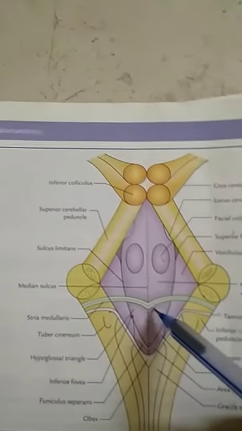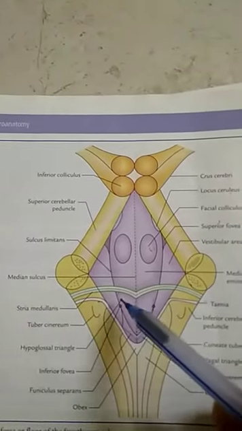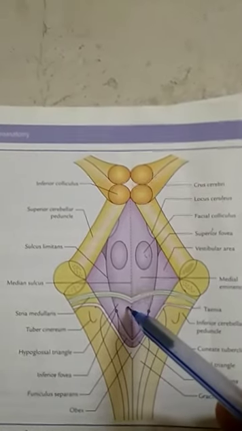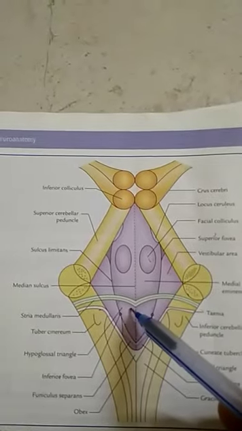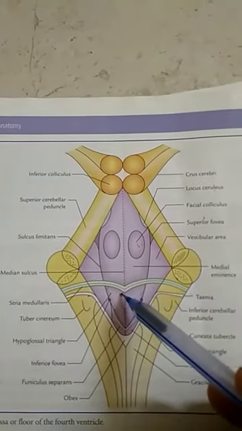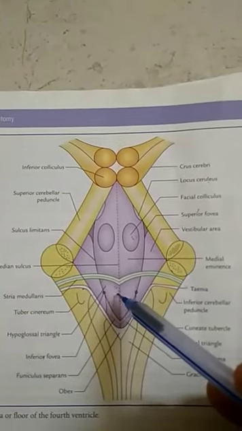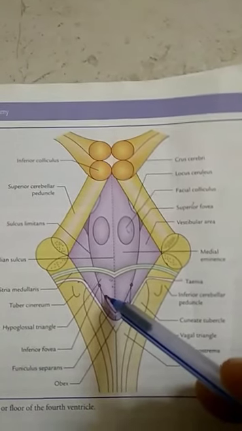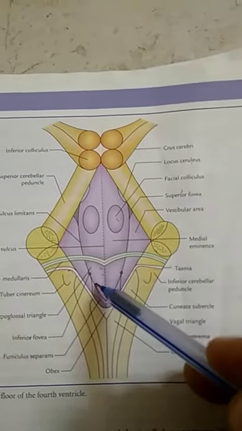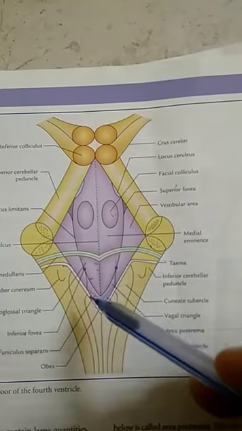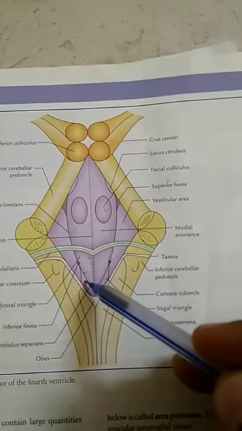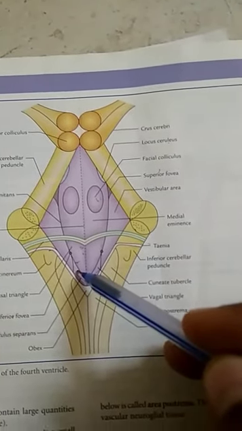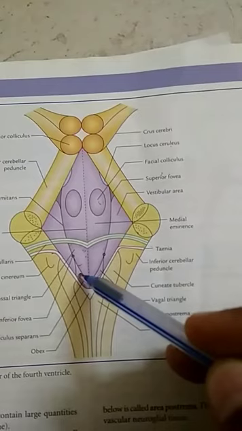The hypoglossal triangle is divided by a faint oblique ridge into a medial part and a lateral part. The medial part overlies the nucleus of the hypoglossal nerve, whereas the lateral part overlies the nucleus intercalatus. The vagal triangle overlies the nuclei of the vagus, glossopharyngeal and cranial accessory nerves.